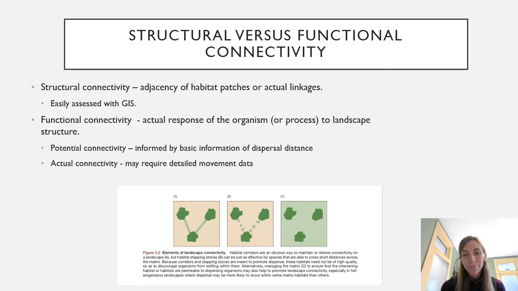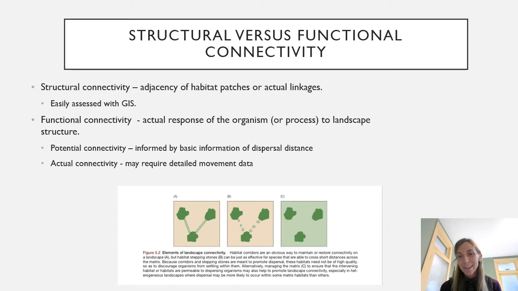And then we also sometimes have data that gives us a sense of actual connectivity. We may have tag data from organisms that show us their willingness to move between different habitat types and exactly how far.